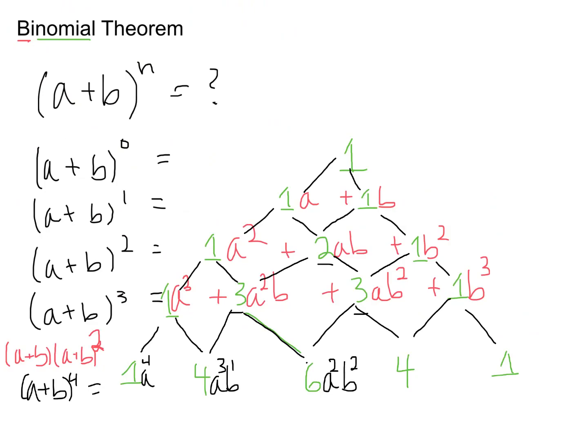And then we have a to the 1st and b to the 3rd, and then finally a to the 0, which is 1, and b to the 4th. And that would be a plus b to the 4th. And we could just continue moving along this way, where each new binomial follows this same pattern, okay?